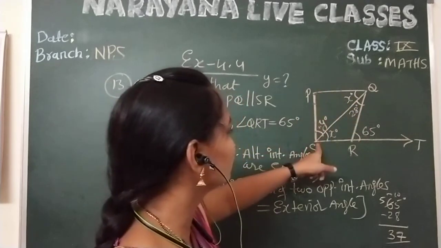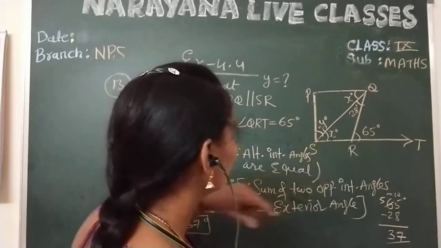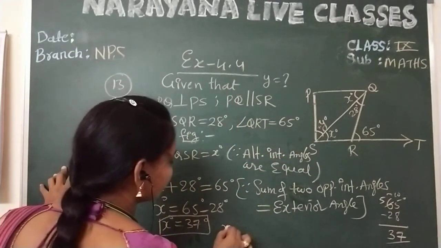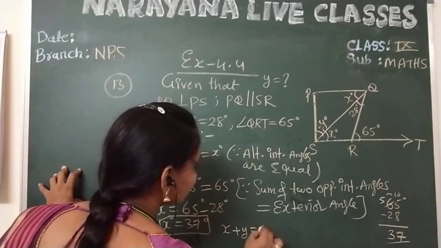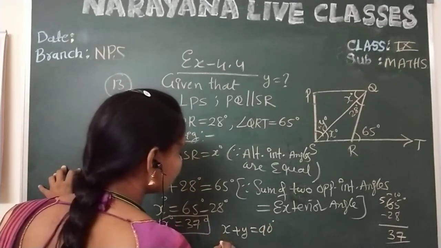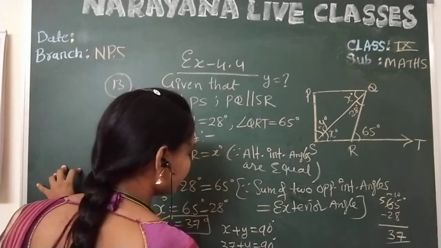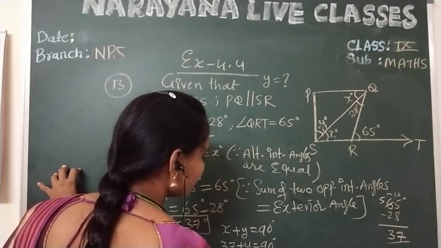So x plus y is equal to 90 degrees. Now x we already know, that is 37 degrees, so 37 degrees plus y is equal to 90.